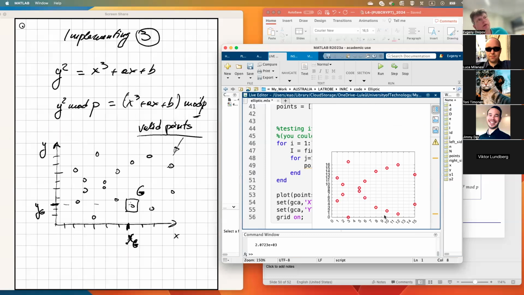And now we need some simple rules to start counting. You want to derive all other points starting from this point G. A similar analogy you can find in our usual arithmetic.